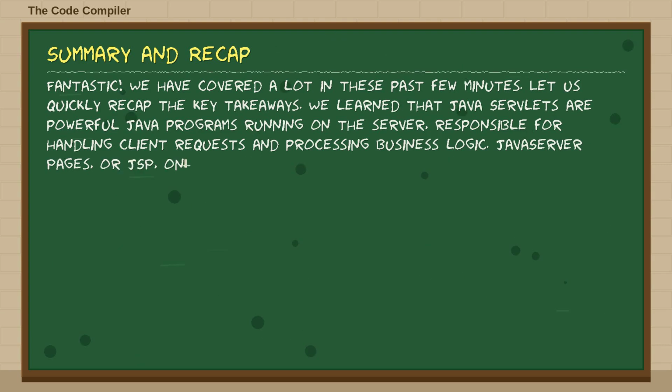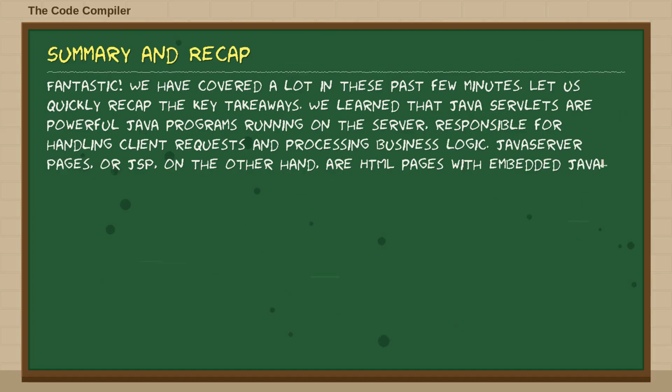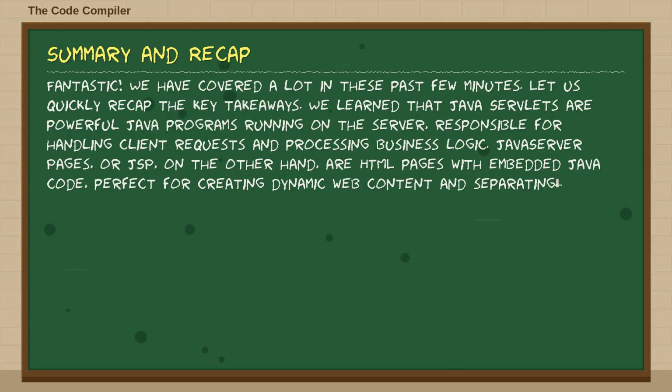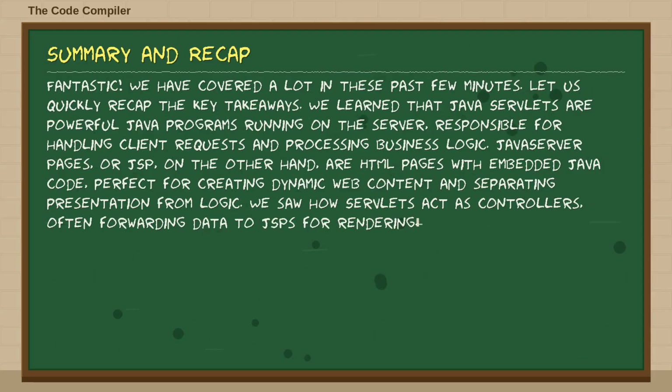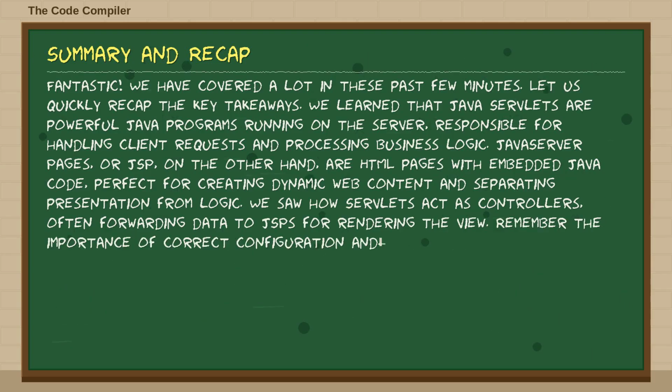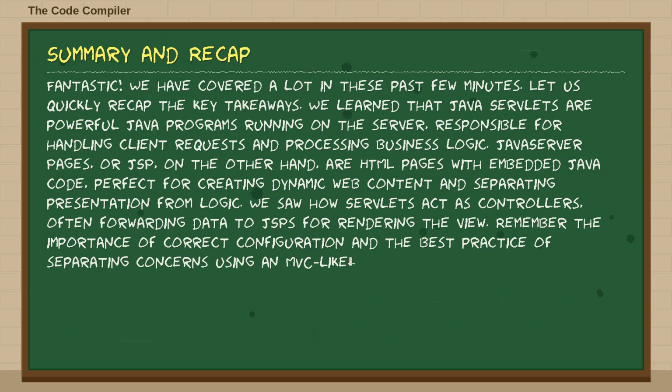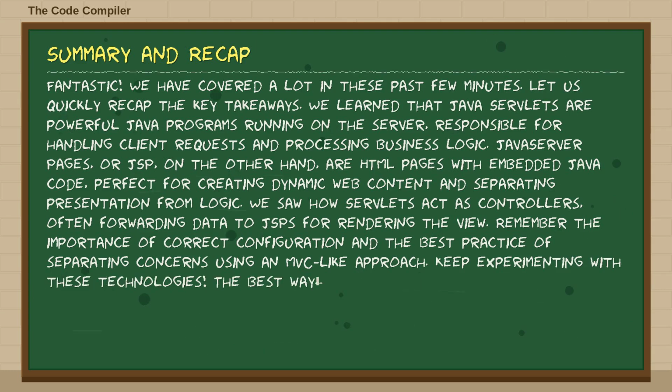Java Server Pages, or JSP, on the other hand, are HTML pages with embedded Java code, perfect for creating dynamic web content and separating presentation from logic. We saw how servlets act as controllers, often forwarding data to JSPs for rendering the view. Remember the importance of correct configuration and the best practice of separating concerns using an MVC-like approach.